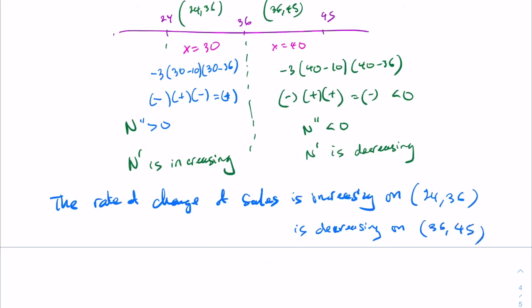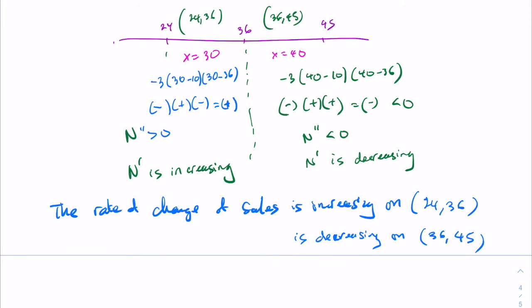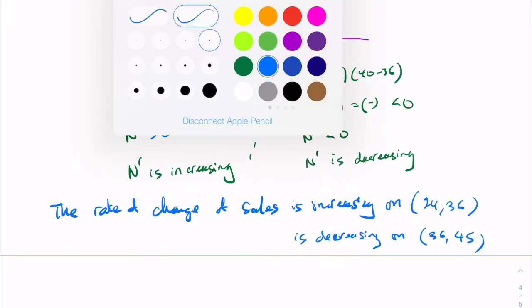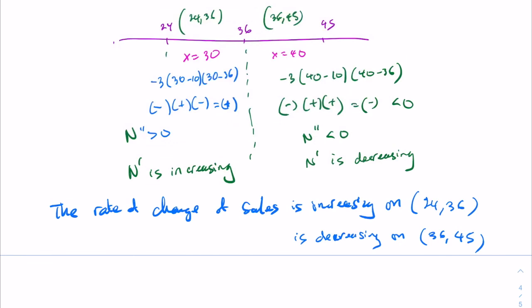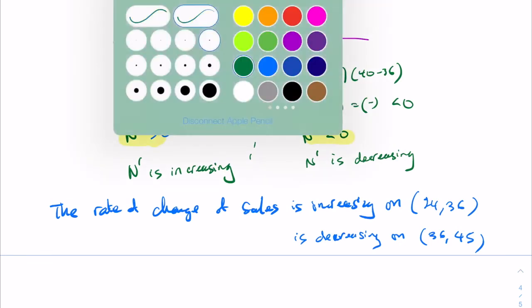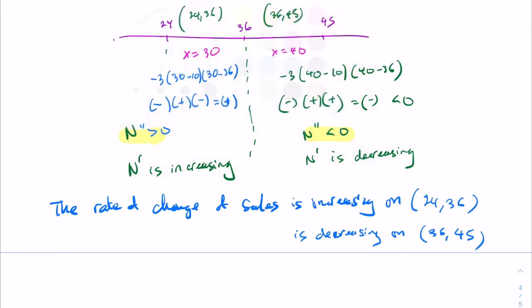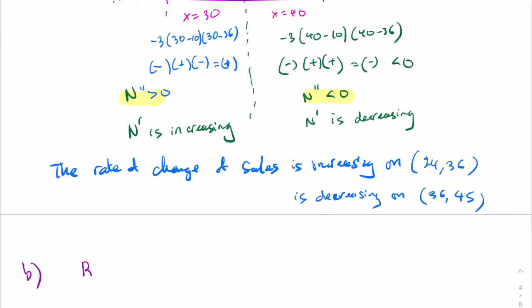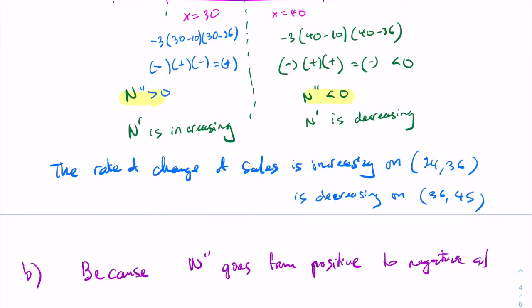Another thing too is that because we have N double prime going from positive to negative around 36, that means the function also changes concavity. So this is going to be part B, because N double prime goes from positive to negative at x equal to 36.